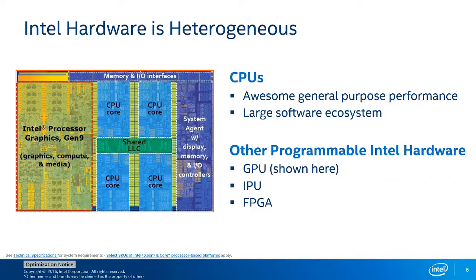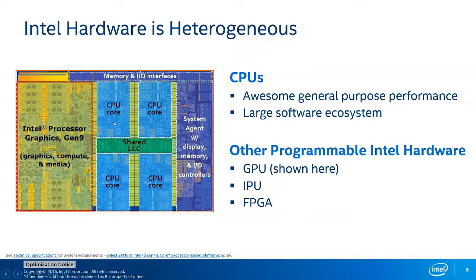The picture on your screen now is the standard die shot for 6th generation Core processors. The architecture is sometimes referred to as Skylake. The processors take many forms, so this may not match your environment exactly, but the main ideas about the architecture will be the same.